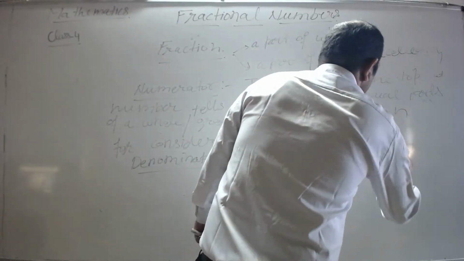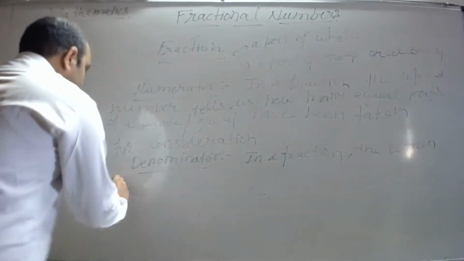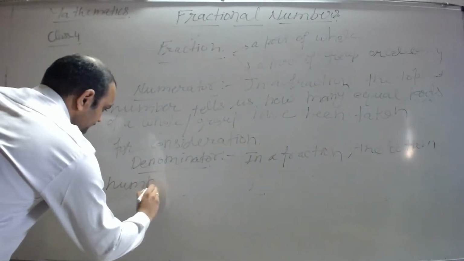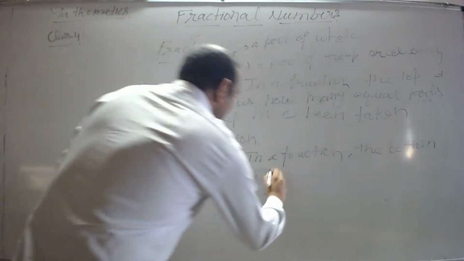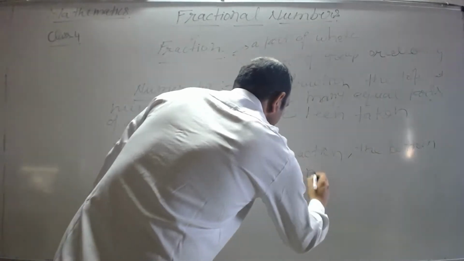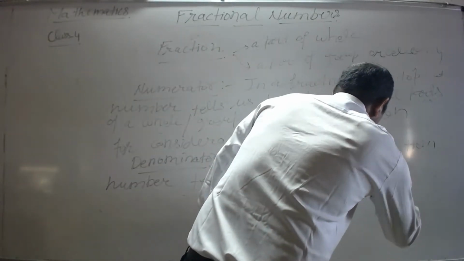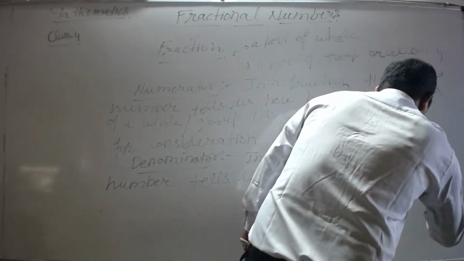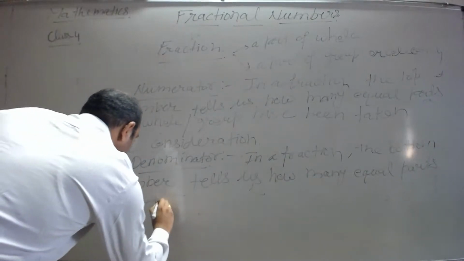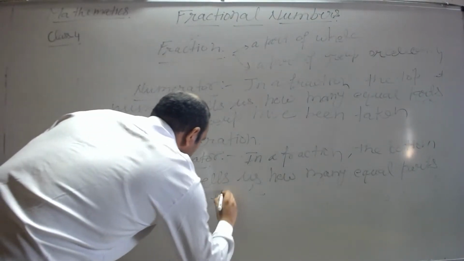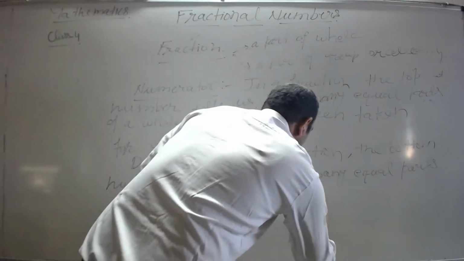The bottom number tells us how many equal parts of a whole or group has been divided.